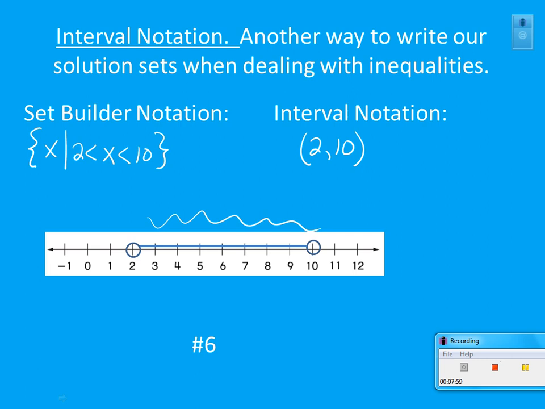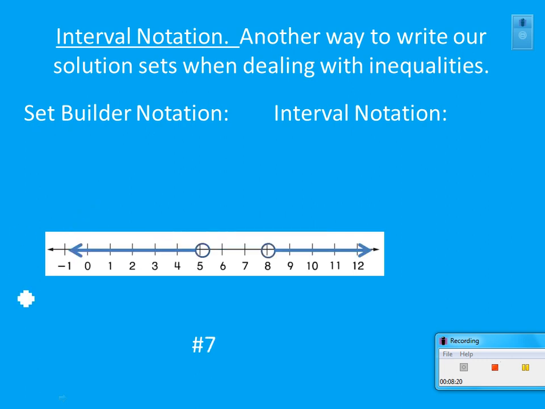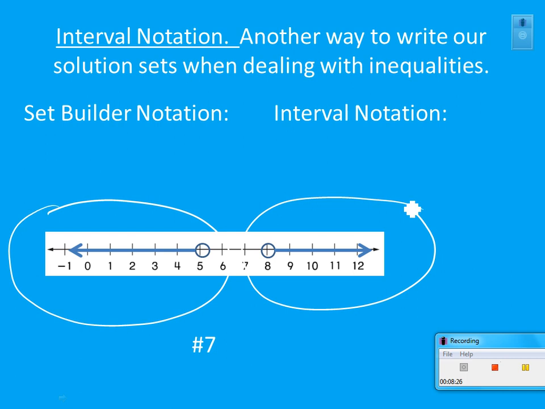Interval notation, so set builder notation, what I need you to notice here is this. There's one piece of the graph here, and there's another piece of the graph there. Since there's two pieces of the graph, there's going to be two different pieces in your answer. So in set builder notation, it's going to look like this: x such that. When I list this, I want to state the variable first.